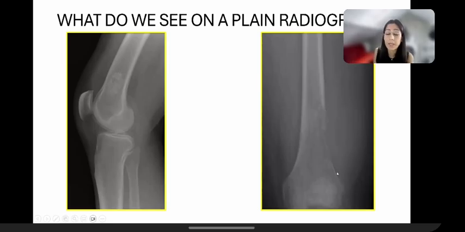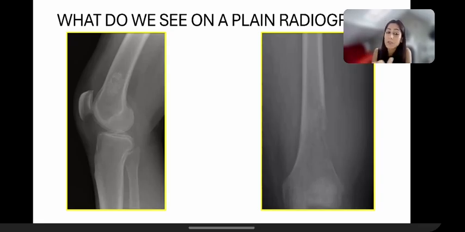So on a plain radiograph, you see the tumor if and only if the matrix is mineralized. Normally, you see what the tumor is doing to the parent bone. What is the rapidity of destruction of the parent bone, and how is the host bone responding? That is generally seen with the specific patterns of periosteal reaction.